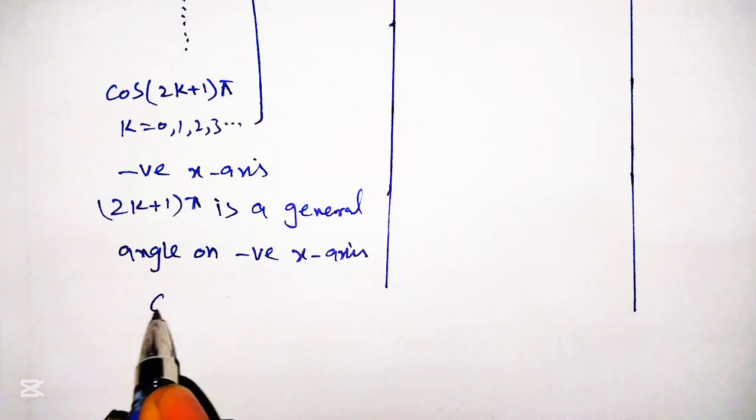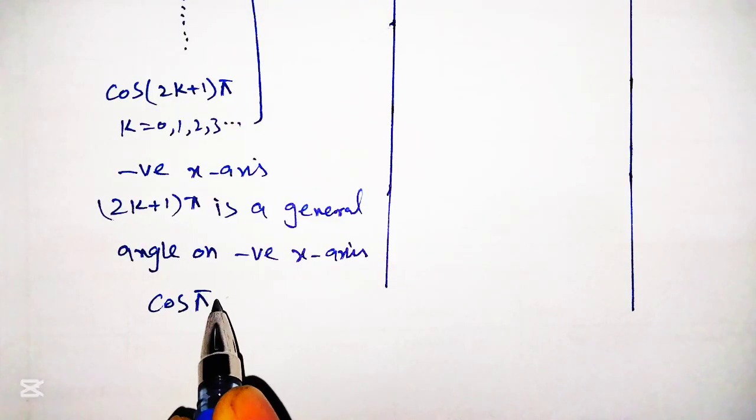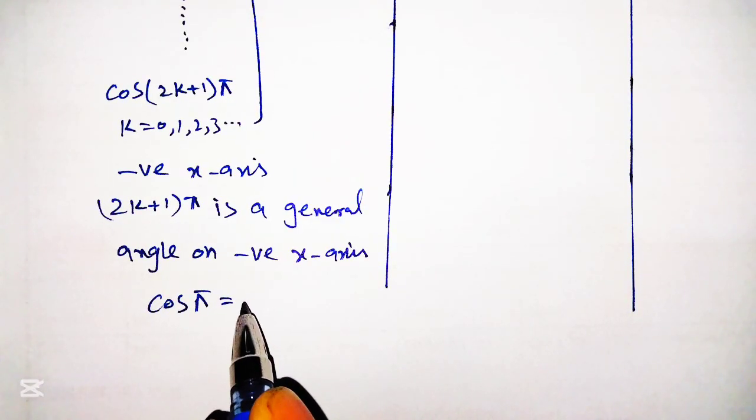So from this we conclude that cosine of pi is equal to minus 1.